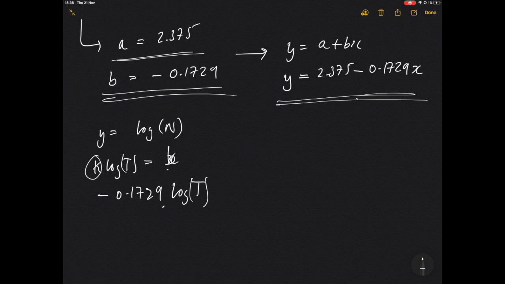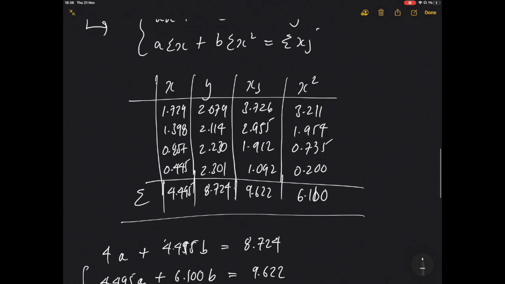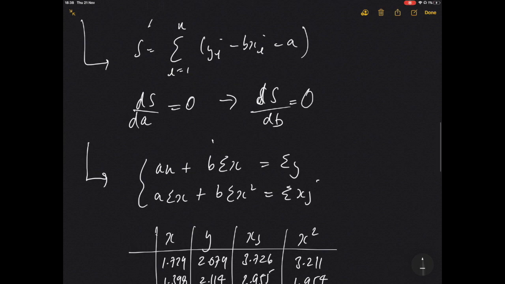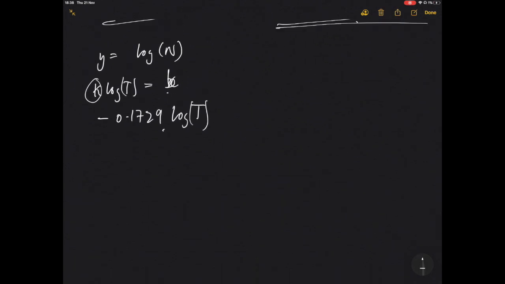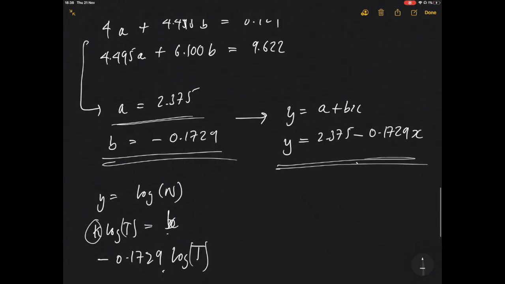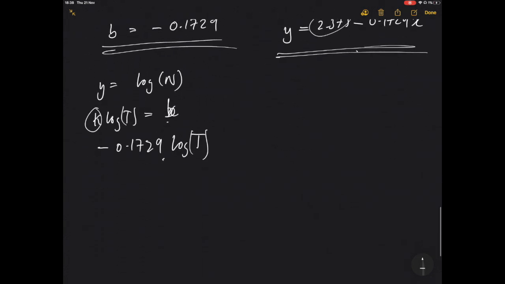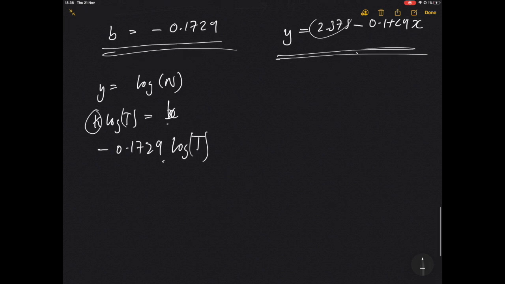Okay, and we have our final term, which is the point at which we cross the intercept, which is our log a. So our point here, which is 2.375, would be our log a. So log a equals 2.375.